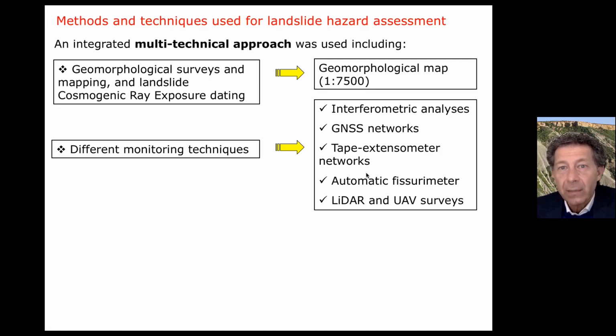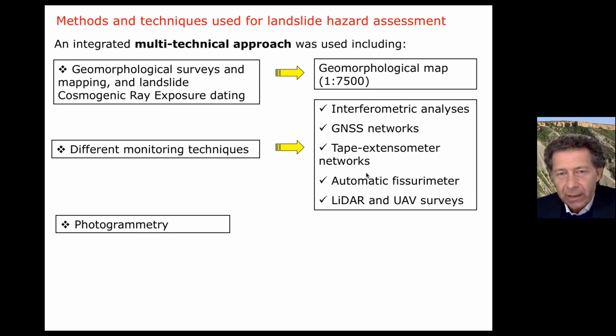But now the climate is quite dry. The islands are characterized by a Mediterranean climate, and the input of water is not so significant. And so we were wondering whether these landslides were still active. And I will show you what we discovered.